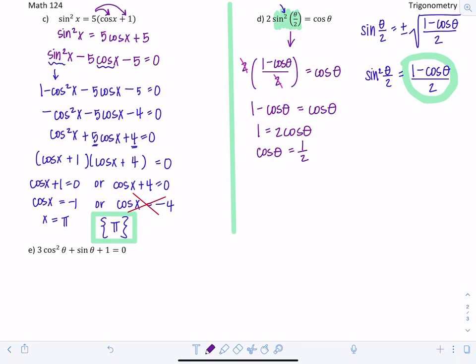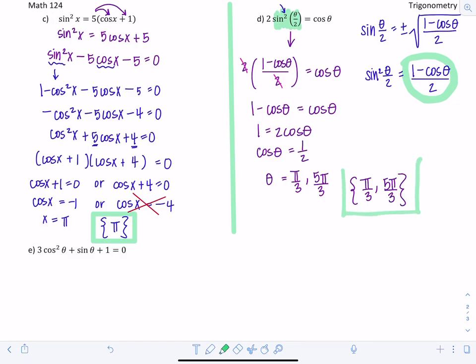When is cosine equal to 1/2 on the interval from 0 to 2 pi? Well, theta would have to be in quadrant 1 at pi thirds, or quadrant 4, at 5 pi over 3. So those are the only two solutions. Pi over 3 and 5 pi over 3.